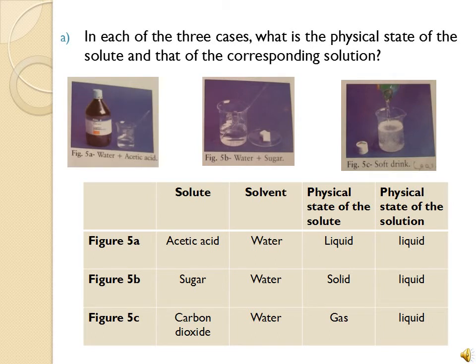So in the three figures the solvent was water, and in the three figures the physical state of the solution was the same as the physical state of the solvent, which is liquid.